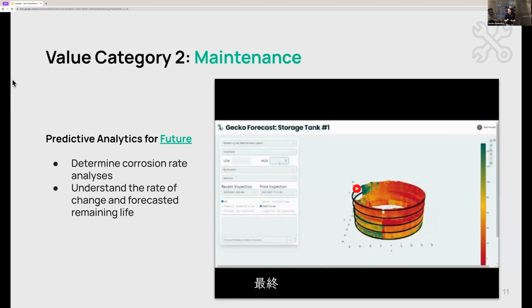But at the end of the day, the value to you is that you have a model that's going to show you not only where maintenance is today, but where corrosion is most likely to occur 1 year, 3 years, 5 years, even 20 years out. So think about the next time you're going into a turnaround, and if it's 2 or 3 years to that turnaround, you can start planning today with precision what kind of maintenance you should expect at the time of that turnaround.